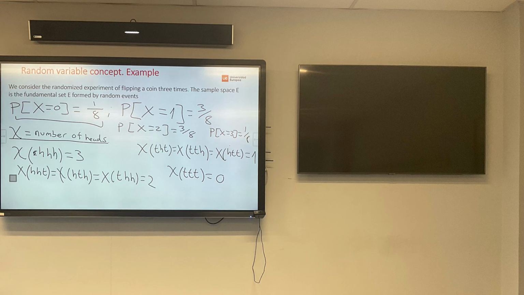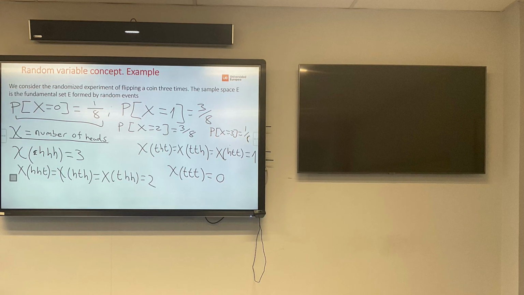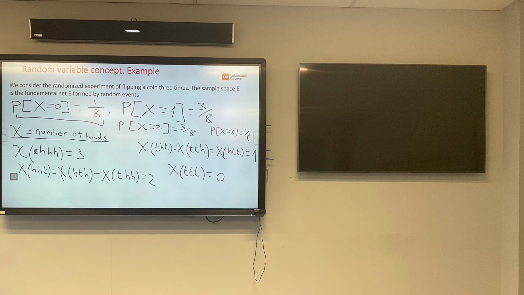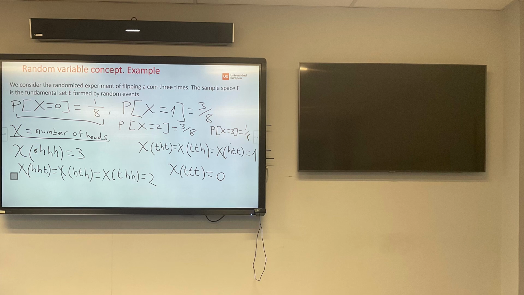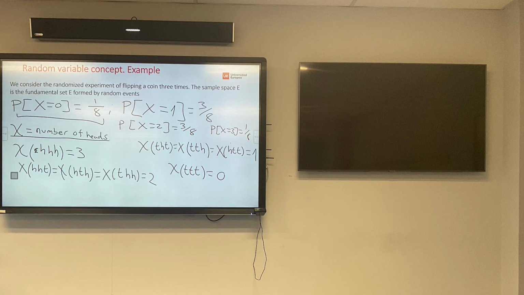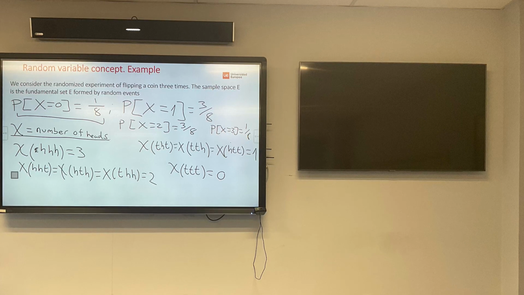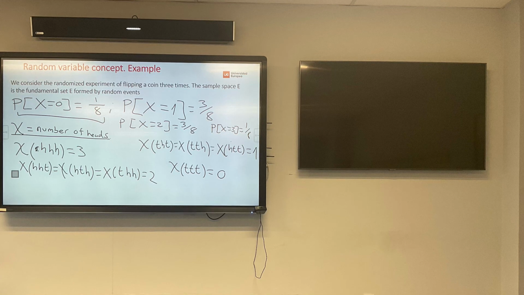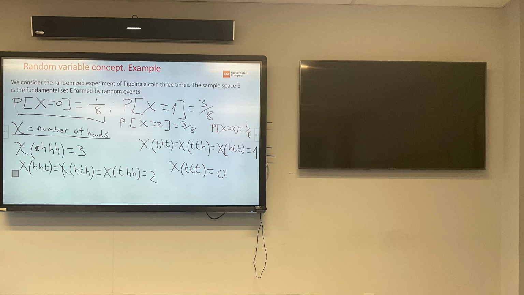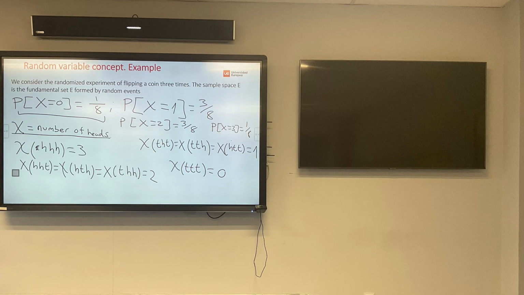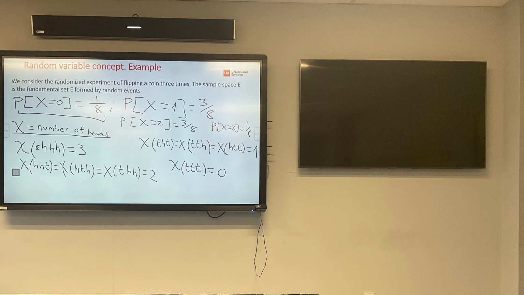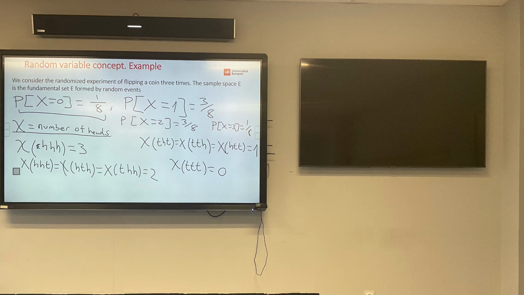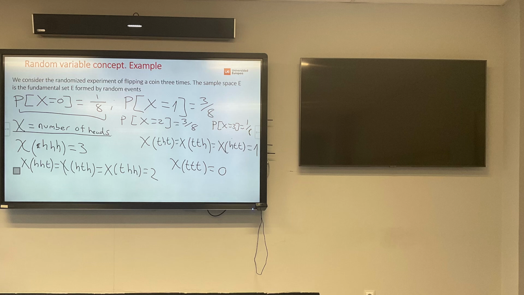Because you have 3 possibilities, these 3 possibilities over 8. If you don't like the Laplace rule, you can apply the probability of the intersection. This is 3 times, because you have 3 possibilities, the probability of getting one head and 2 tails.